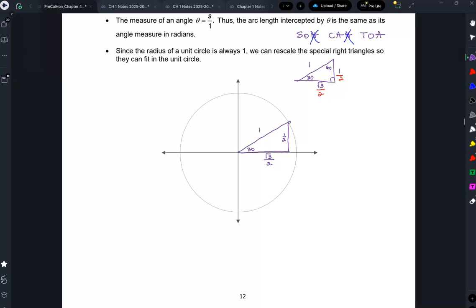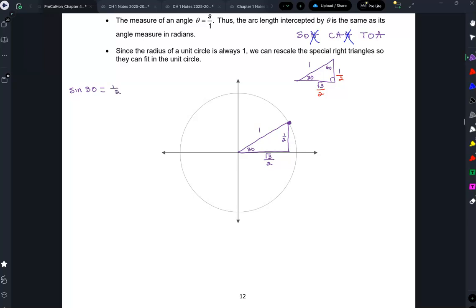Now, if I'm on the unit circle and I want to find sine of 30, remember sine is always the vertical side of that triangle, which is a half. So that would just be a half.